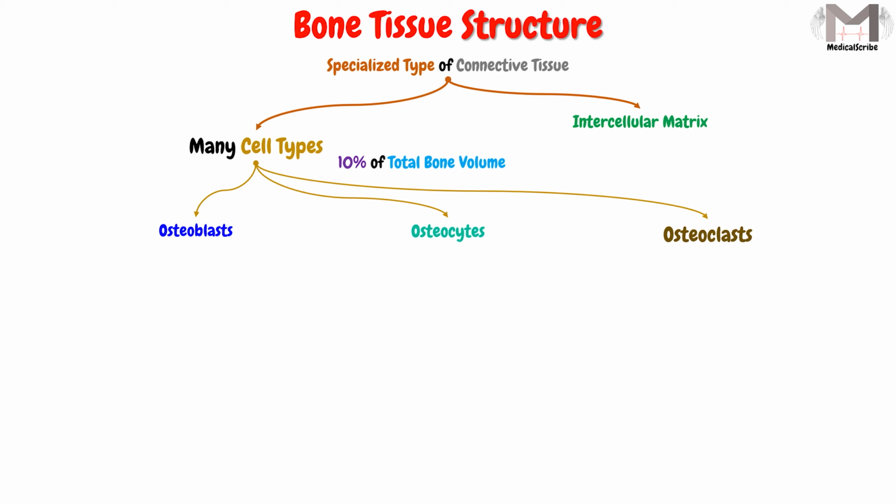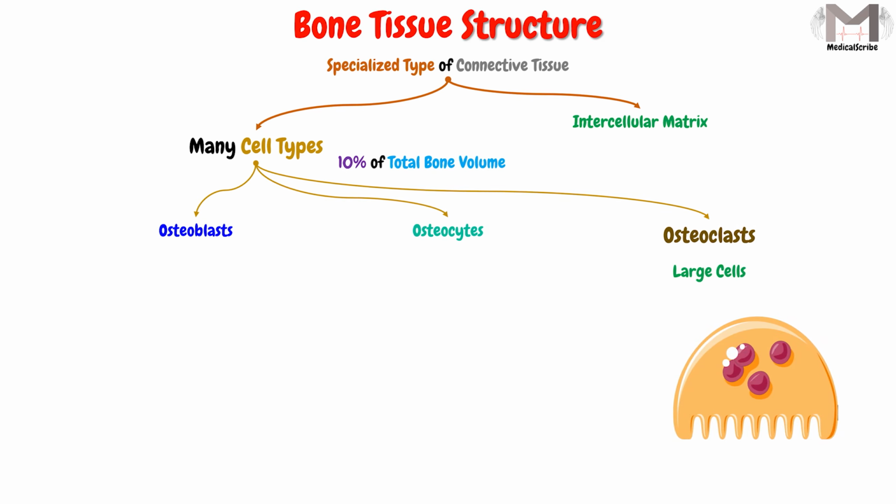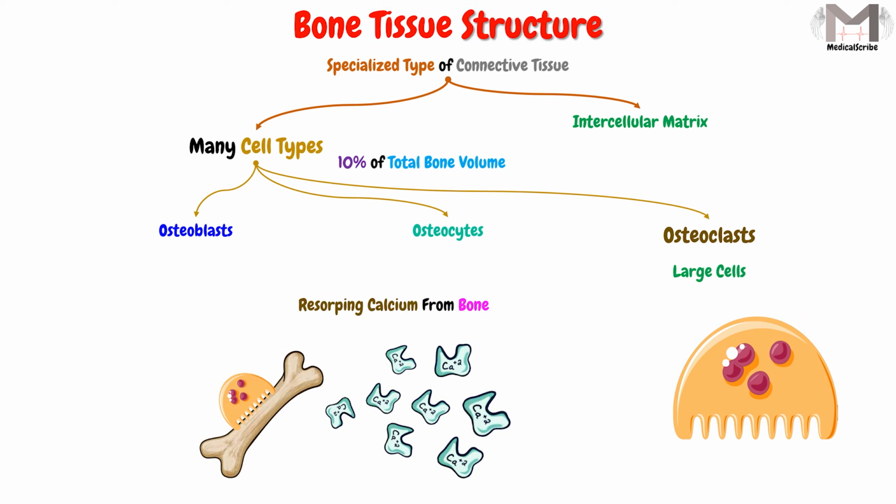While the osteoclasts are large cells responsible mainly for removing or resorbing the calcium from the bone when the body needs it or in special conditions. So that was about the main types of the cells that exist in the bone.